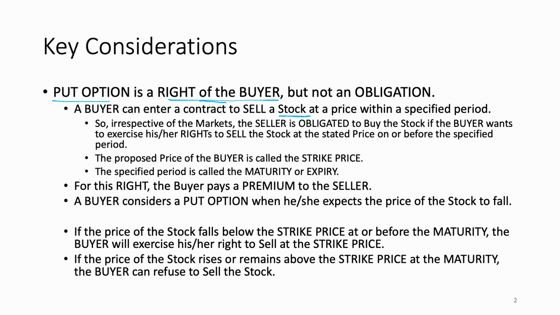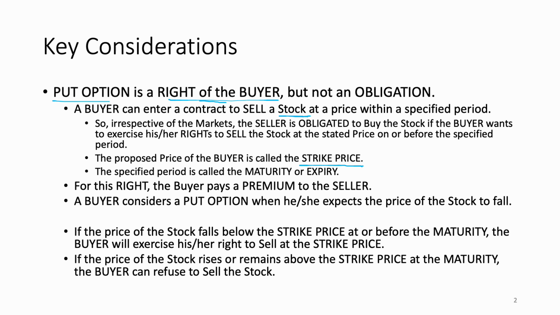Now, when the buyer enters into a put option contract, he basically tells the seller that I will sell at this price. The price that he sets is known as the strike price. So he will say that at this price I'm going to make a sale. If the buyer exercises the right to sell, the seller will be obliged to make the purchase.